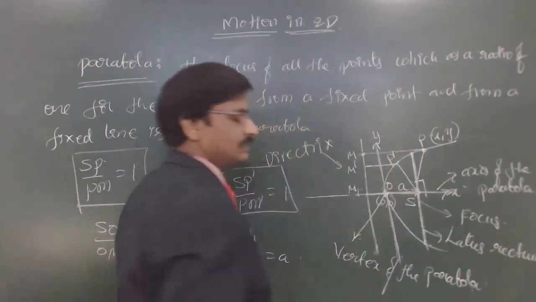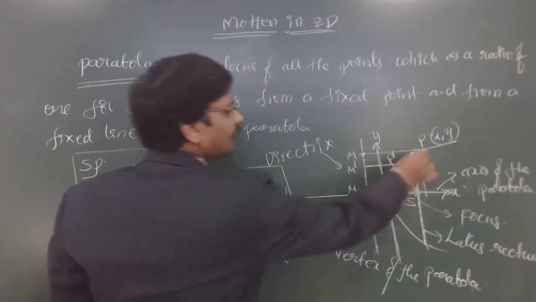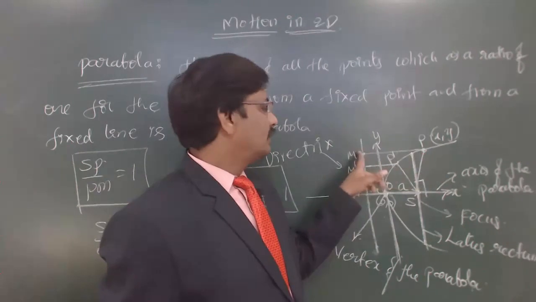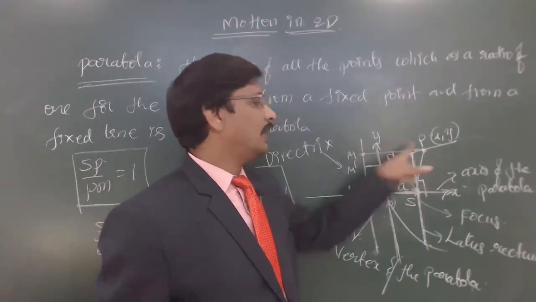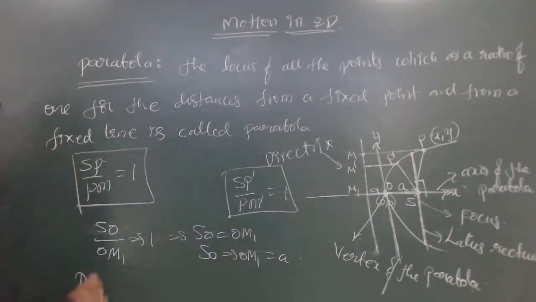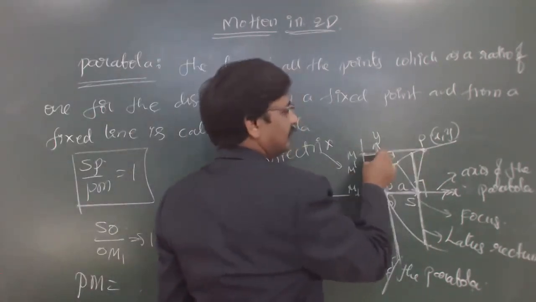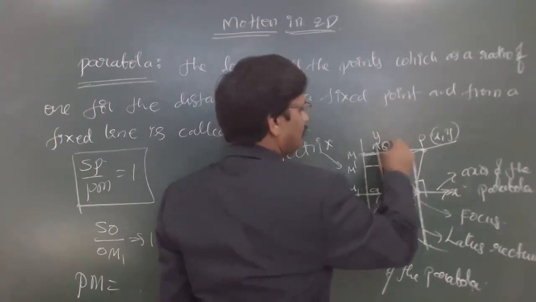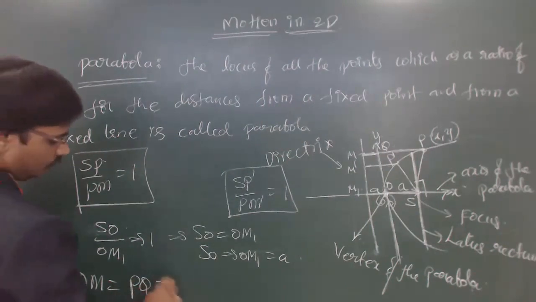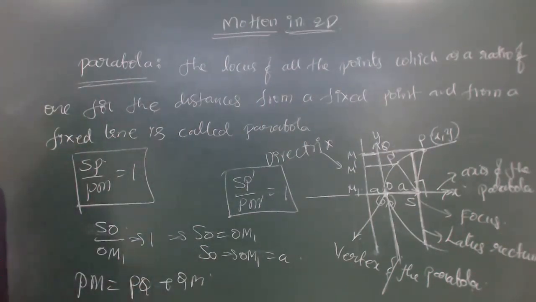And then if I take a random point x comma y on the parabola, and this is the distance PM, PM is equal to this length plus this length. I call this point Q. Then PM equals PQ plus QM.